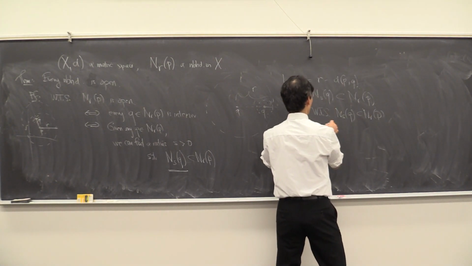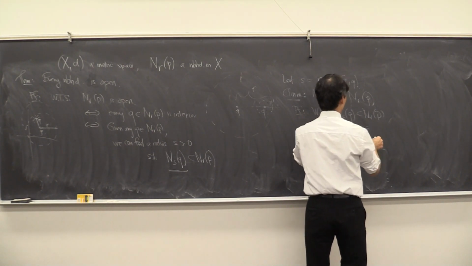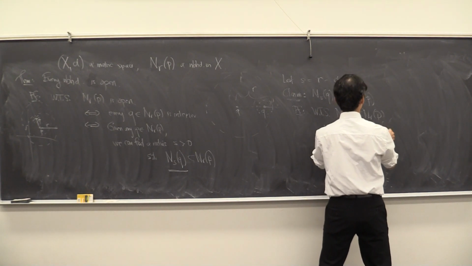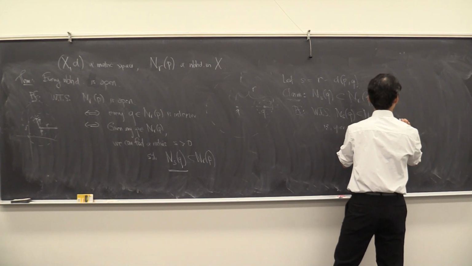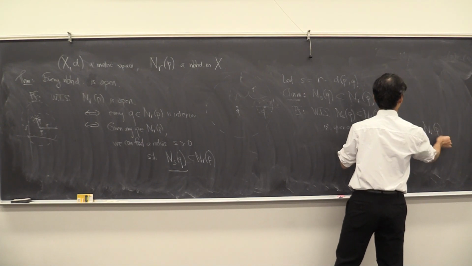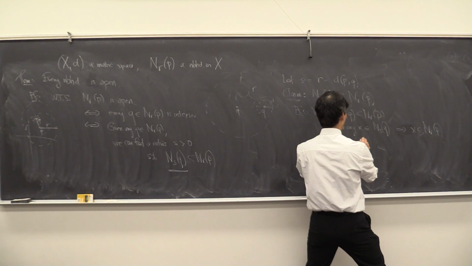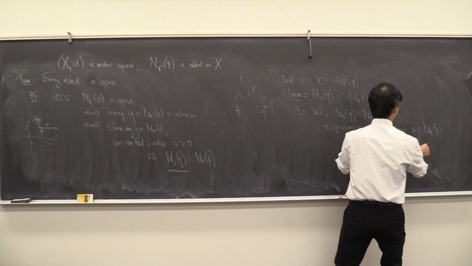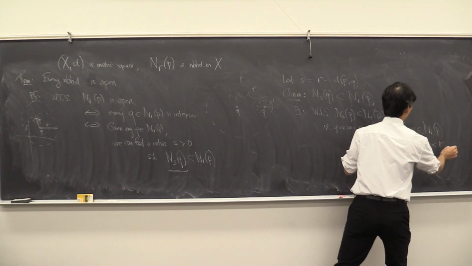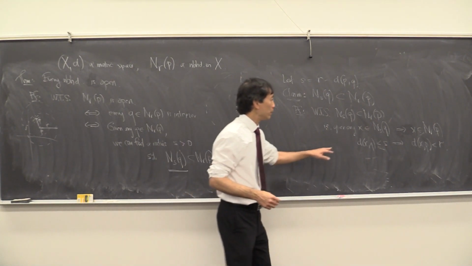In other words, given any point x in here, we have x in here. We want to show that if the distance from x to Q is less than S, then the distance from x to P must be less than R. Is that true?